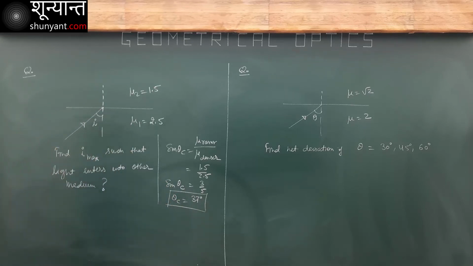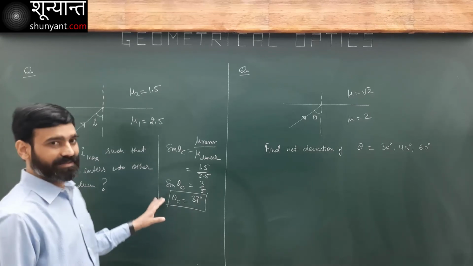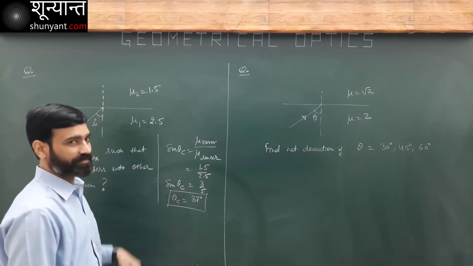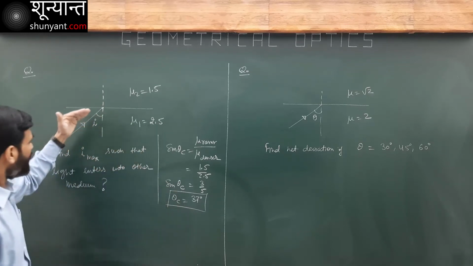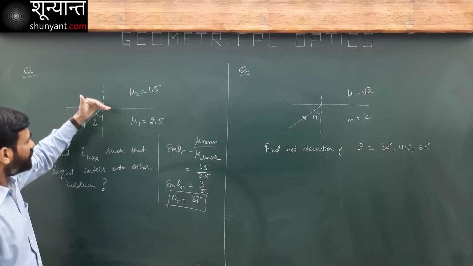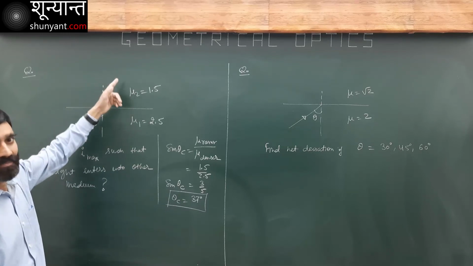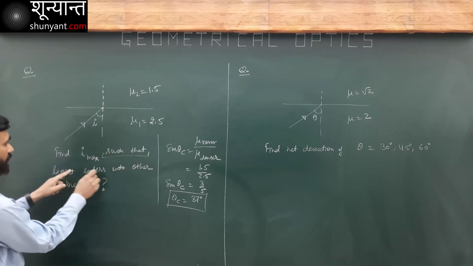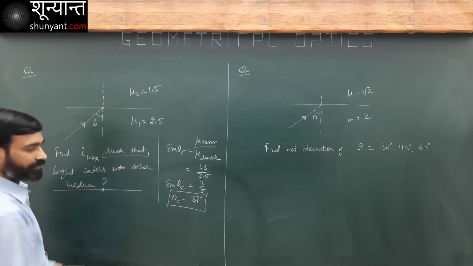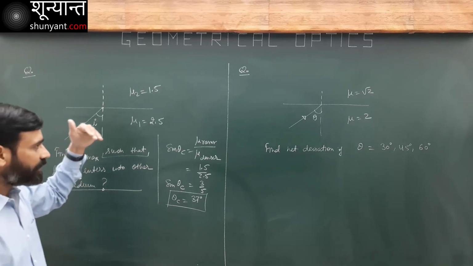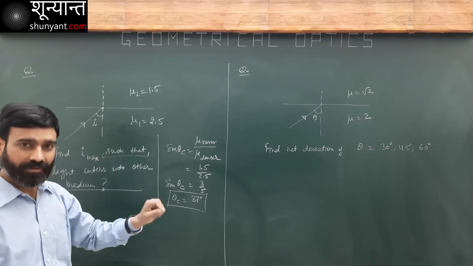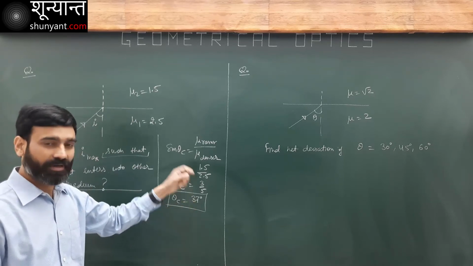Now, next is what it means. This is the critical angle for this interface. I want my light to be transmitted into the other medium, such that light enters into the other medium. What should be the angle of incidence? It should be less than or equal to the critical angle.